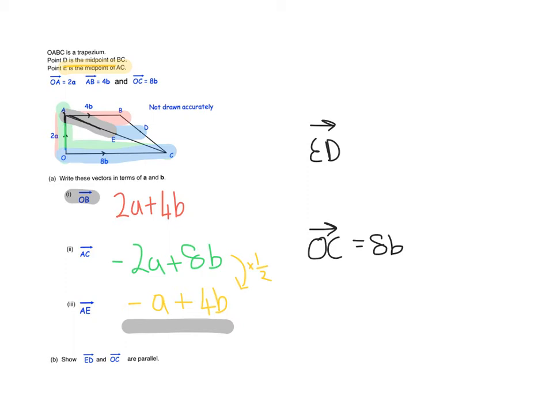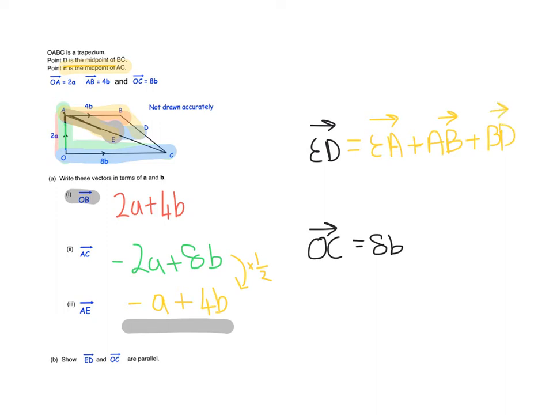I want to start at E, and I'm going from E to A, so I need to figure out E to A. Then I'm going to go from A to B, so I need to figure out A to B. And then I'm going from B to D, so I also need to figure out B to D.